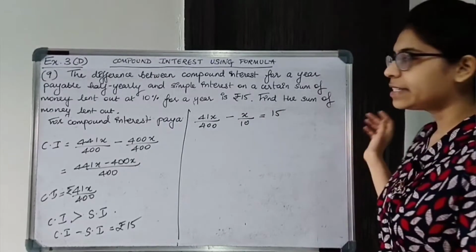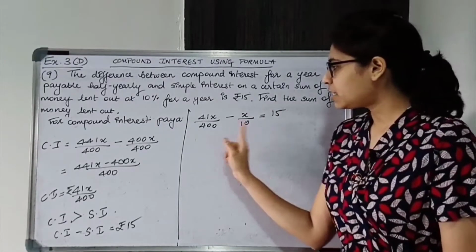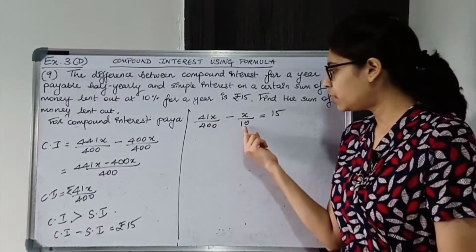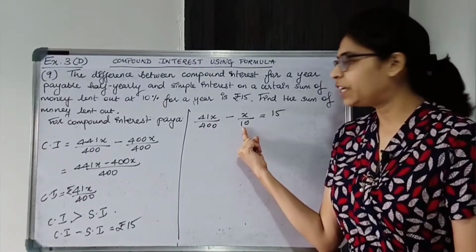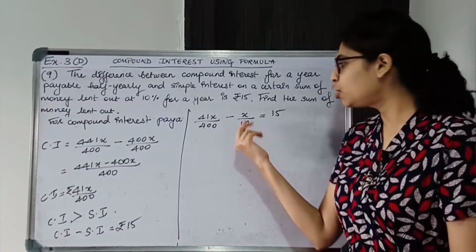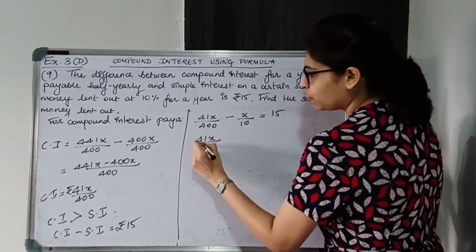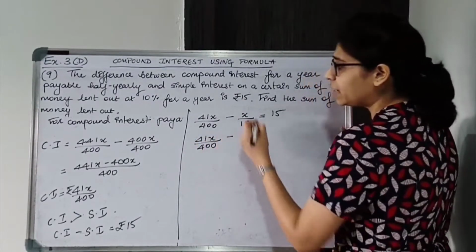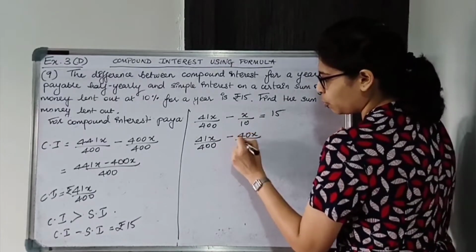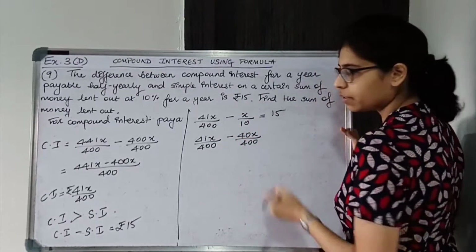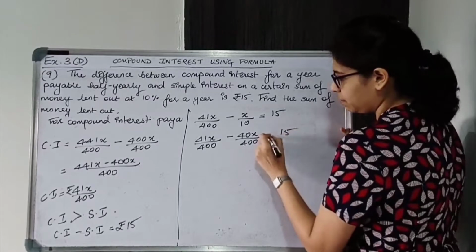We'll take LCM again. Here it is 10, here it is 400. So here we need 400. So we need to multiply by 40 in numerator as well as denominator. So 41x upon 400 and here we'll get 40x upon 400, is equal to 15.